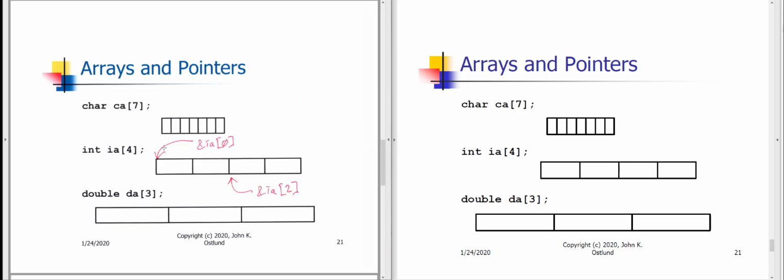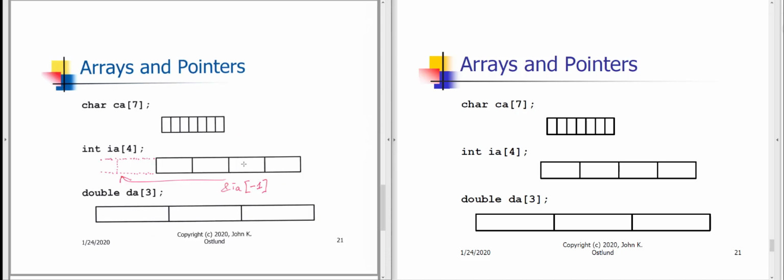So address of IA sub 0 is the address of the first byte of the first int within IA. Address of IA sub 2 is the address of the first byte in the sub 2 item, the third item of IA. Address of IA sub -1, again, is not within the bounds of the array IA, but it is very well defined what it means.